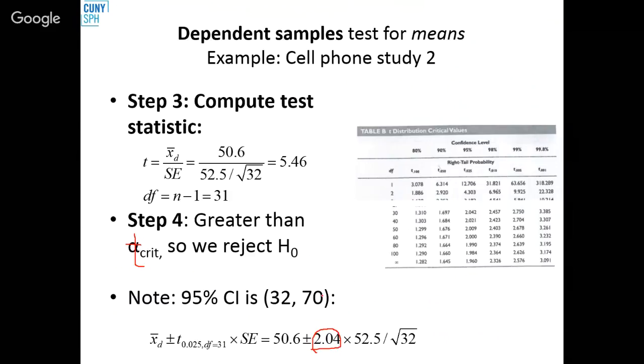Because you can have overlap in the confidence intervals and still reject the null hypothesis. Does that seem intuitive or unintuitive? So you have two confidence intervals that look like this, and you still reject the null hypothesis of no difference between the means.